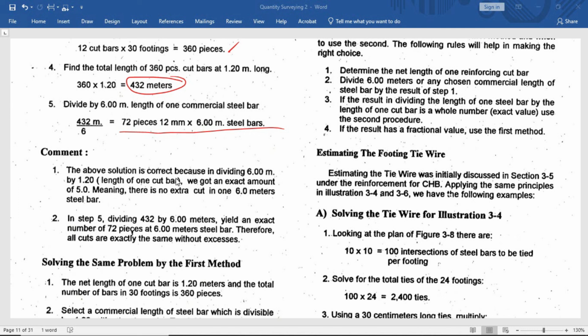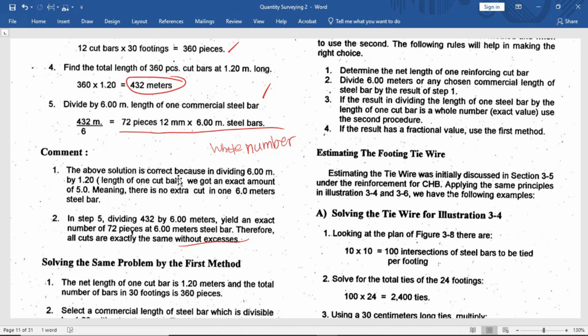Diba sabi ko kanina, pag whole number, yung makukuha natin pag dinivide natin yung commercial length by cut length, tama yung solution number 2 natin. So, dividing 432 by 6 meters yields an exact number of 72 pieces of 6 meters steel. Therefore, all cuts are exactly the same without excesses.